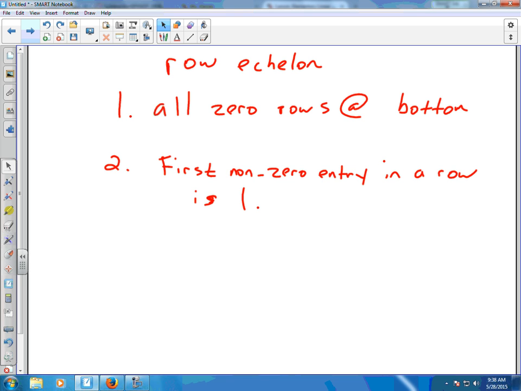The third one, they say this kind of wordy. I'm going to read this and then see if we can put this in simpler terms. They say for two successive non-zero rows, the leading one in the higher row is farther to the left than the leading one in the lower row.